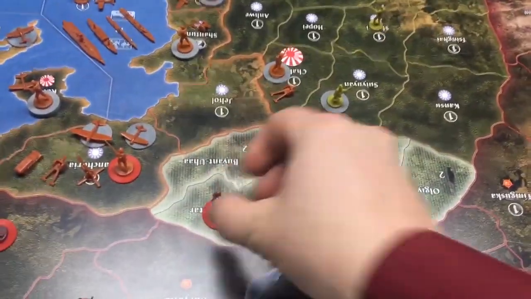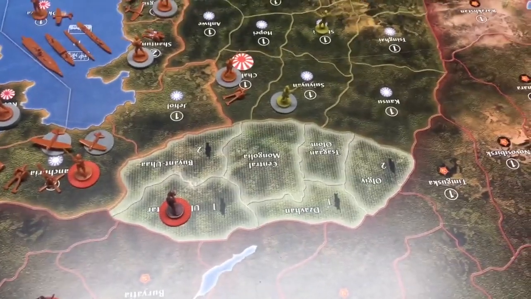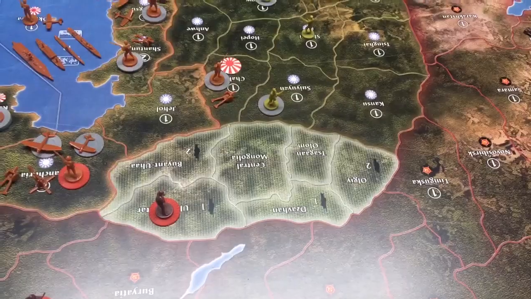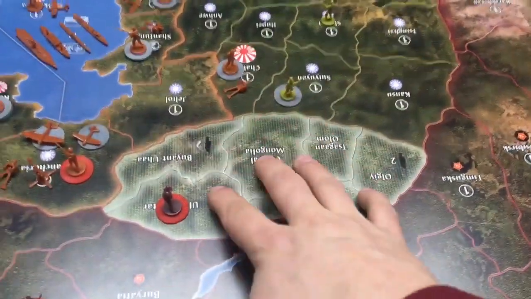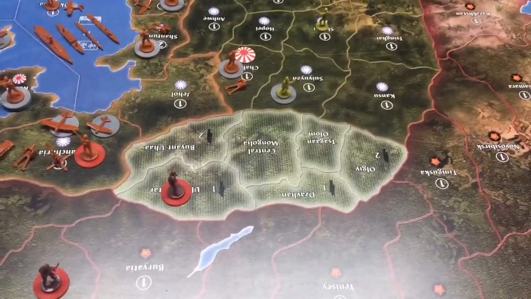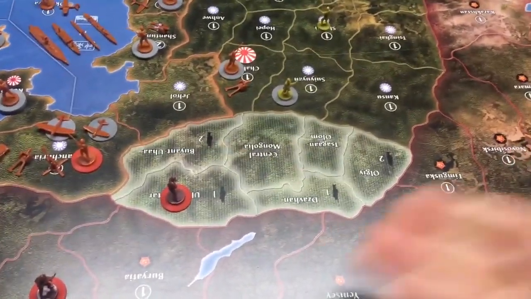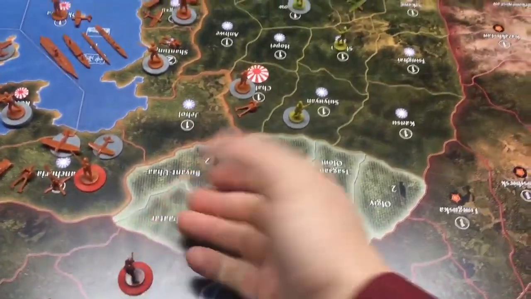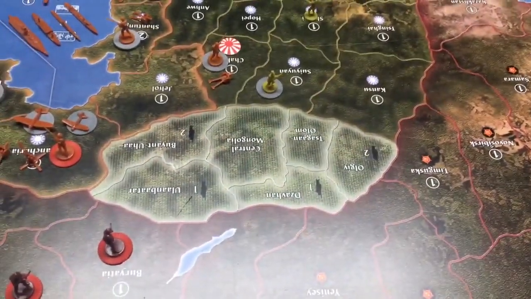Now, attacking this as a strict neutral will prompt all strict neutrals on the board to go pro-Axis, as well as this pro-Axis. Therefore, we can say right now, and you can guess what I'm going to say next, that they would never attack Mongolia. There's no reason for the Russians to ever attack Mongolia as a strict neutral.